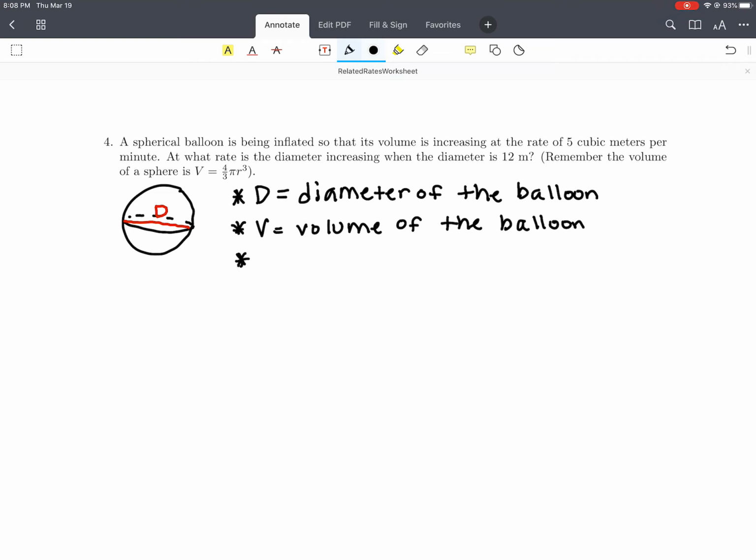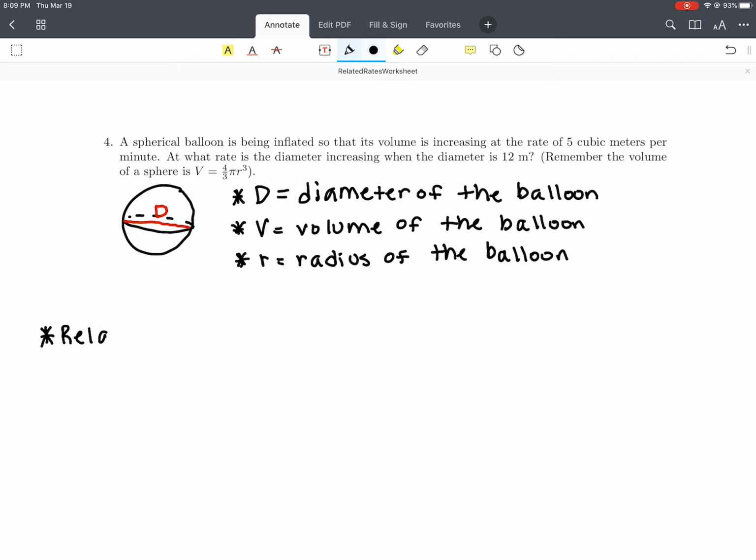And we have R, which is equal to the radius of the balloon. We're not really interested in the radius, and we haven't labeled it on our picture, but we do know that there's a relationship between the radius and the diameter, and our equation currently only has the radius in it, so we're going to need to switch some things around.